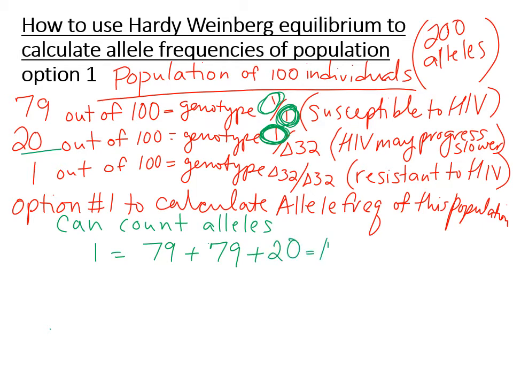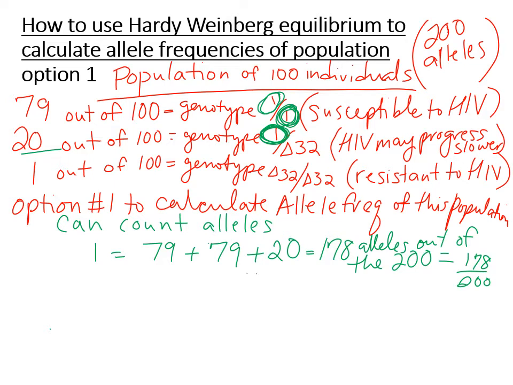That gives us 178 alleles that are number 1, out of the 200 possible alleles. So 178 over 200, which is equal to 0.89 or 89%.